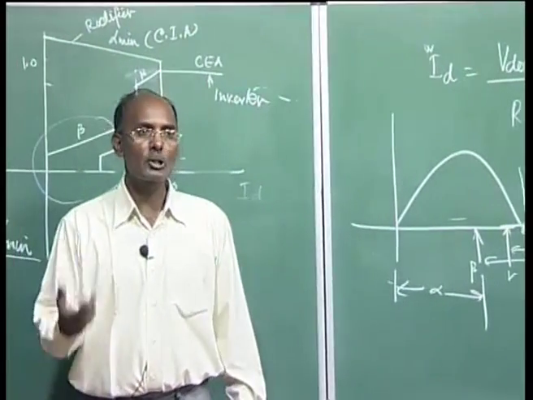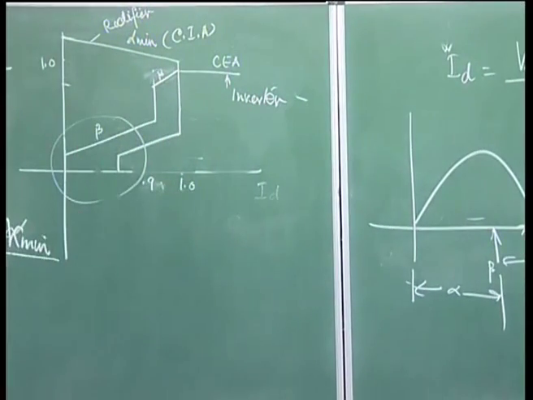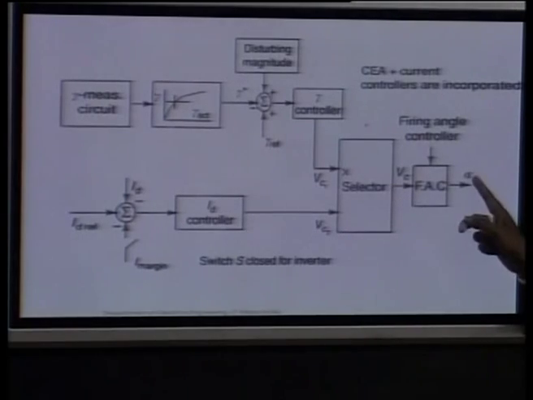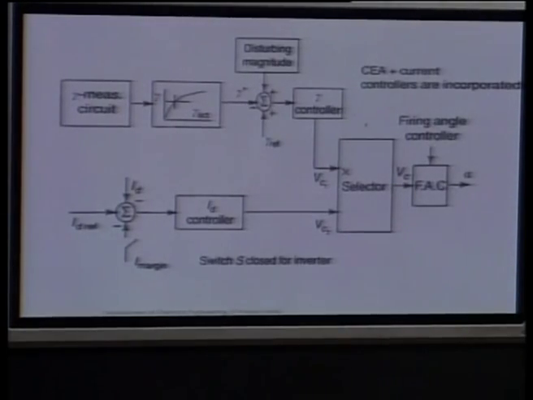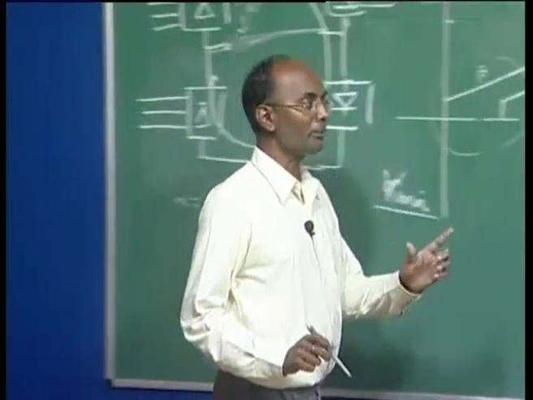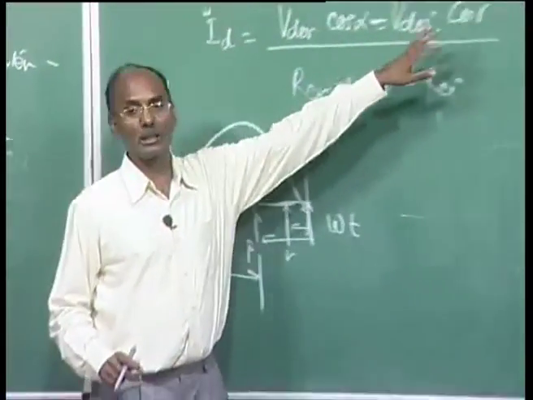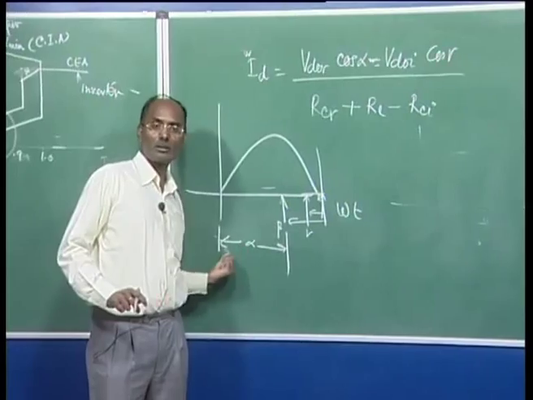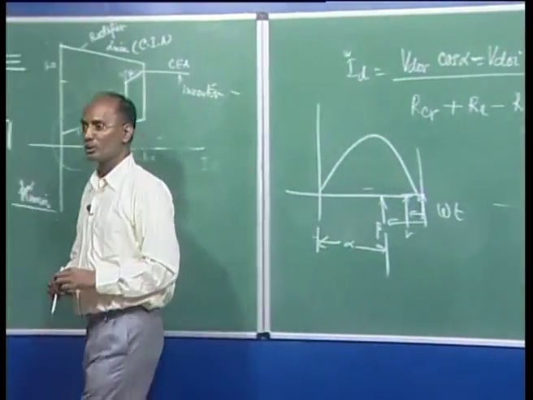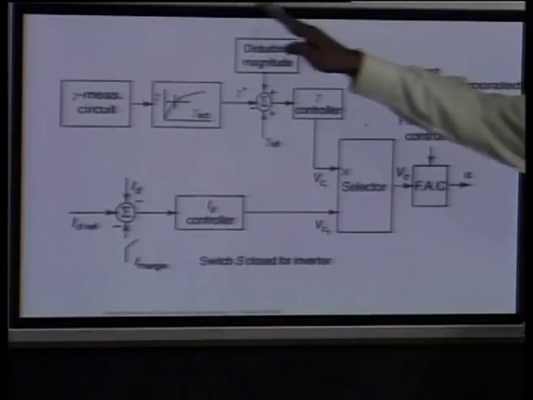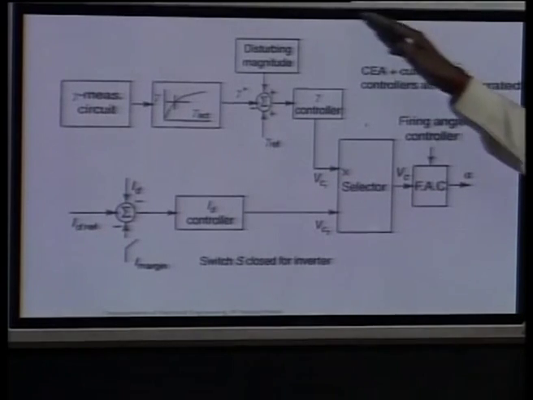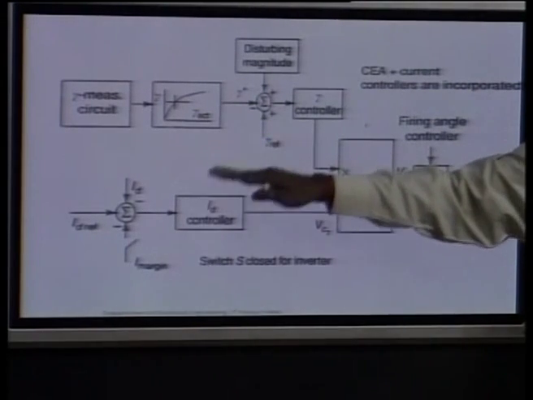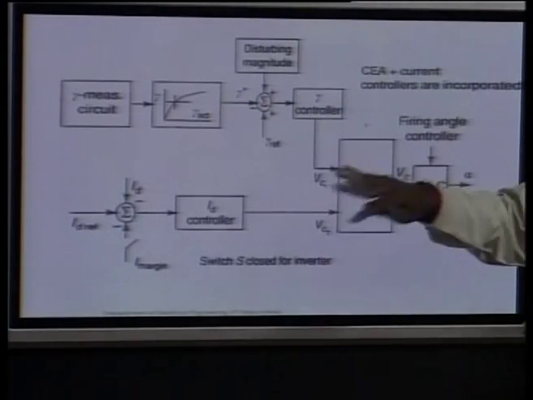So it is also a firing angle control, and this alpha is what we call beta. I am calling it beta because we used beta in this equation earlier, but basically it is nothing but alpha. So this part is your inverter, this is your rectifier, and both ends are equipped.